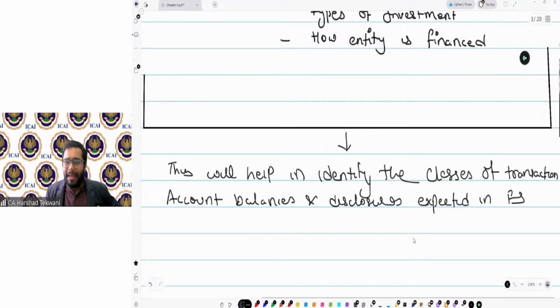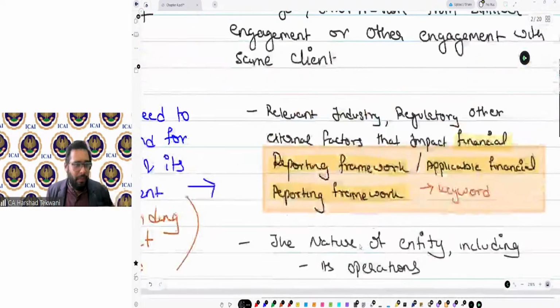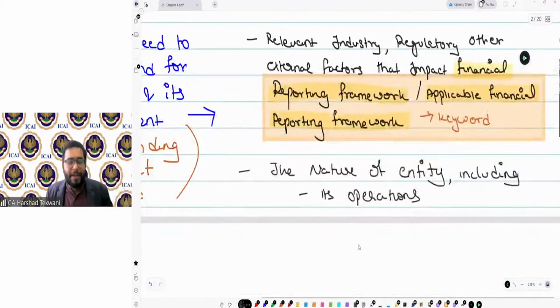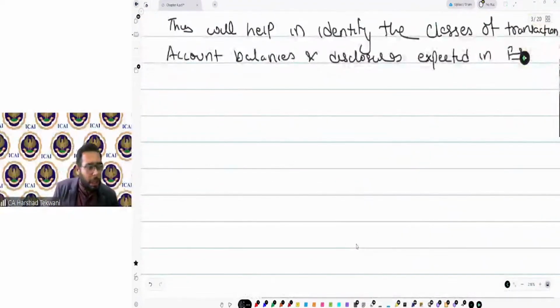So this is something I can understand from the nature of entity, including its operation. The third point that I need to understand is the entity's selection and application of accounting policies.